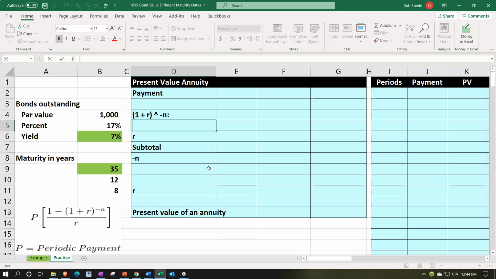We want to then calculate the two components of the value of the bonds, that being one, the value of the 1,000 at the end of the time period, and two, the annuity calculation, then adding those together to get the total value. Also noting with this particular problem, we have the par value of the bond or the percent on the bond being far higher than what is expected in the market.